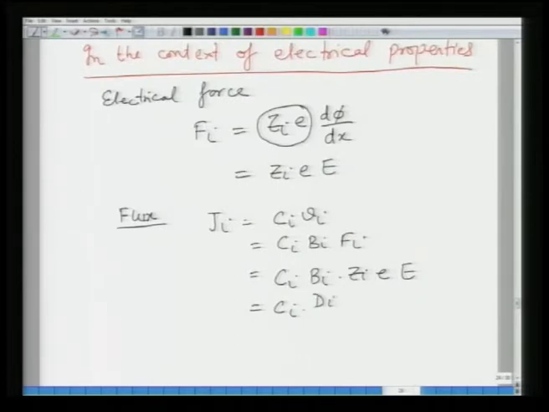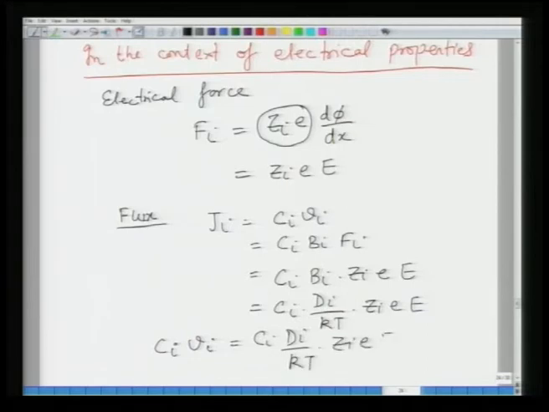So, I can write C_i v_i equals C_i D_i by kT into Z_i e E. Here C_i cancel each other, and what you get is an expression for v_i: v_i equals Z_i e D_i divided by kT multiplied by E.